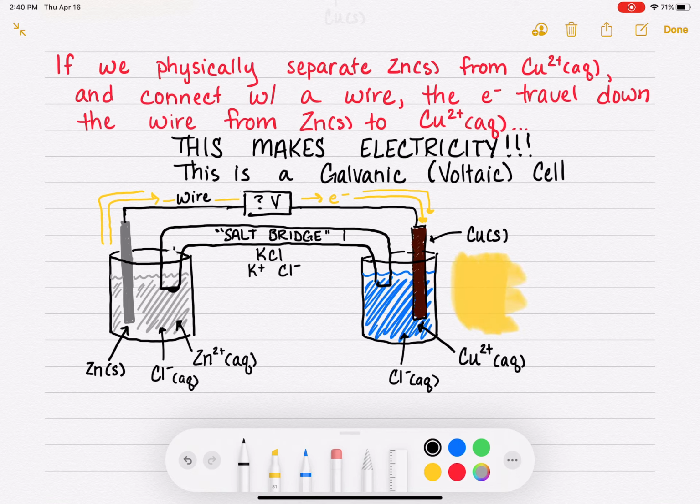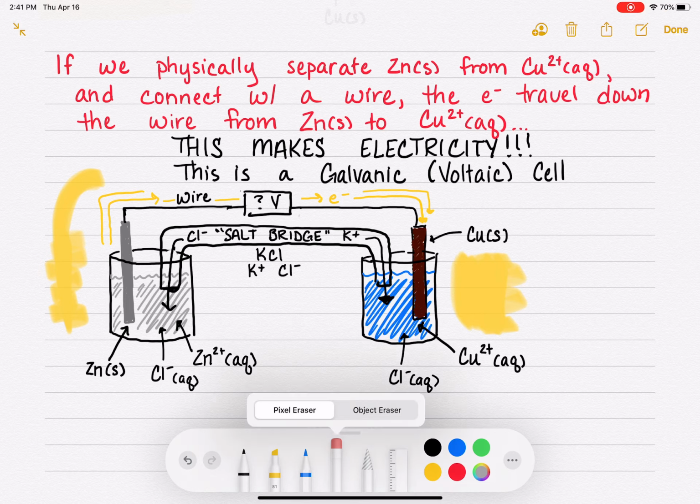Our potassium ions from the salt bridge are going to be migrating down into this solution to help balance out the negative charge of the electrons. Likewise, over here on the left side, because this side is losing electrons, it's losing negative charge, the salt bridge has these chloride ions that can migrate down into the solution and help replace the negative charge as it's being removed. So this helps everything to stay charge balanced and allows the reaction to continue to proceed.